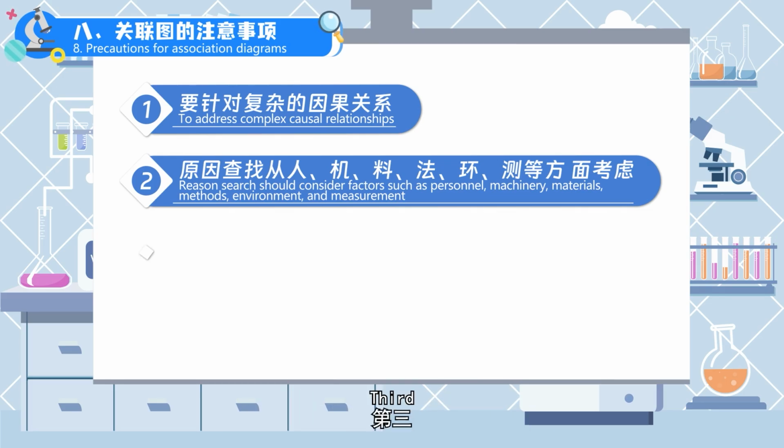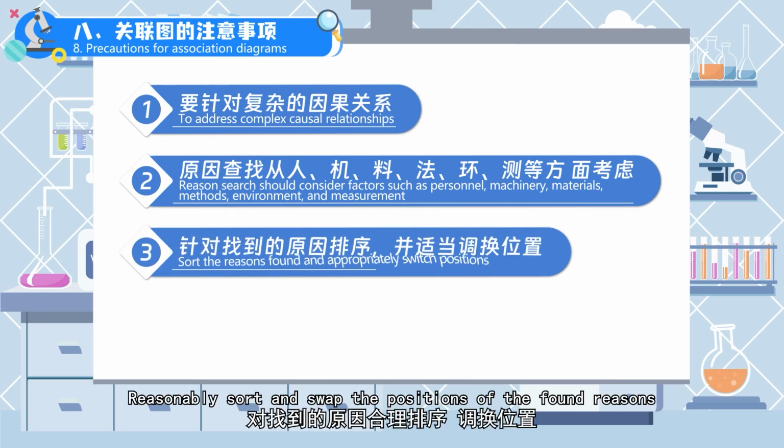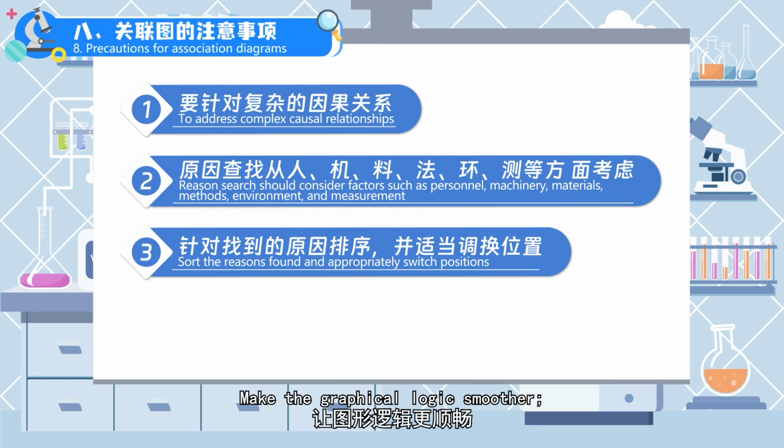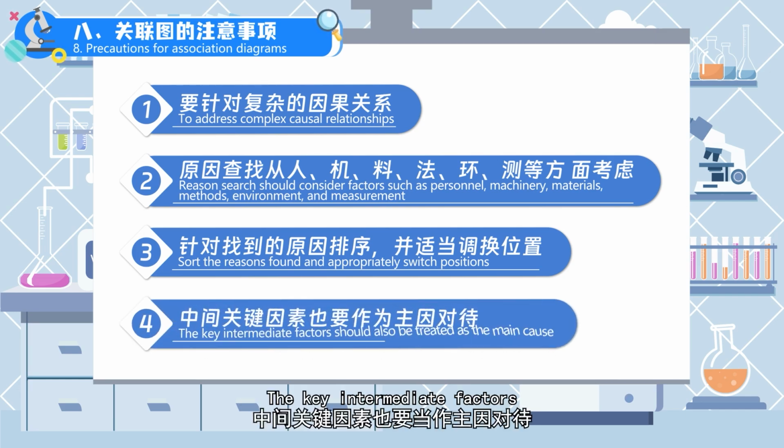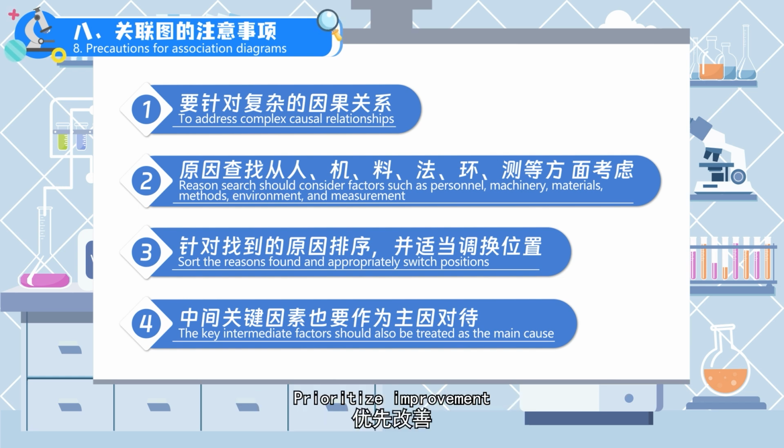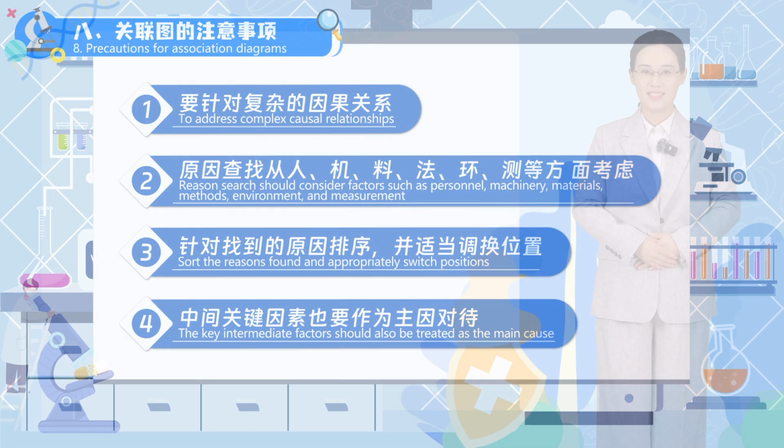Avoid omissions. Third, reasonably sort and swap the positions of the found reasons. Make the graphical logic smoother. Fourth, the key intermediate factors should also be treated as the primary cause. Prioritize improvement. Avoid ignoring the core links.